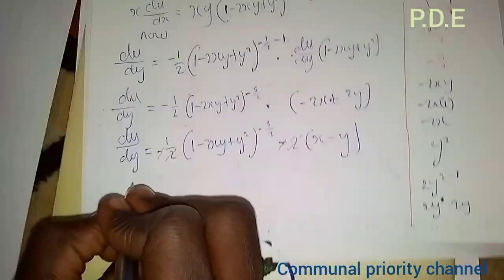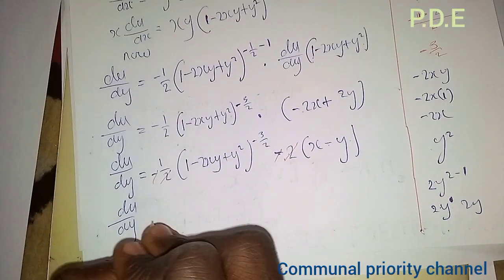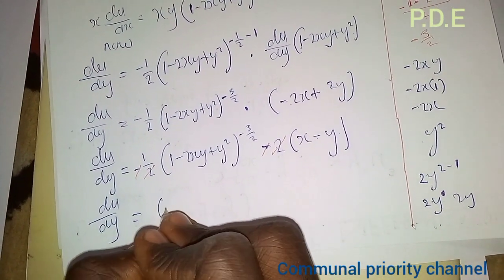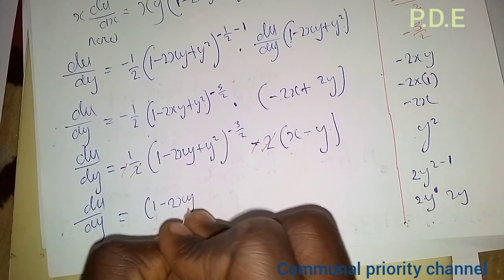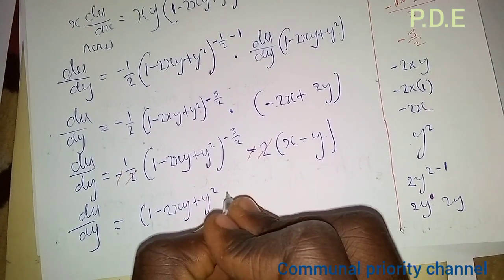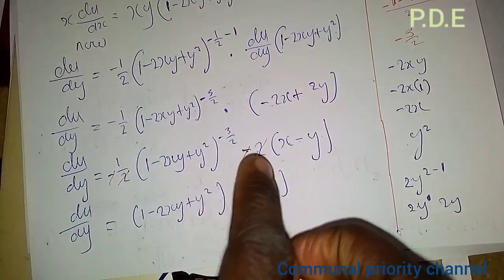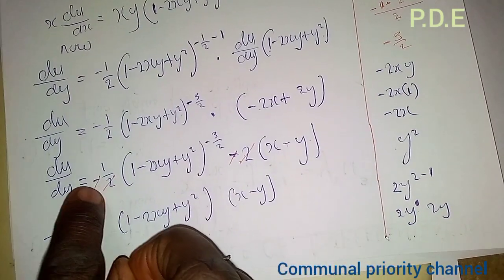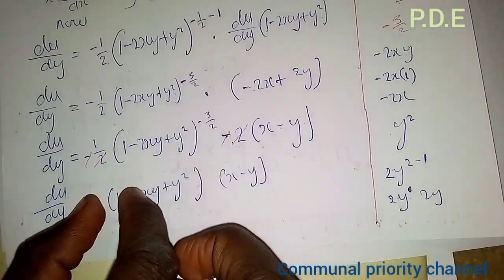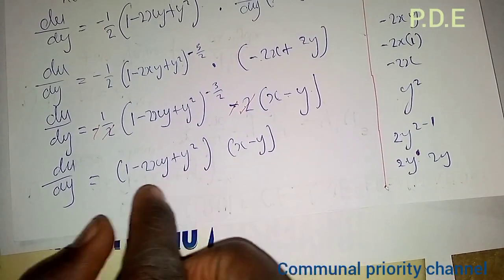So therefore, now we are left with du over dy equal to, open bracket 1 minus 2xy plus y square, close bracket, then open another bracket x minus y, close bracket, because this 2 and this y cancel this 2 and this y. So we can just bring this bracket here because multiplication is commutative.